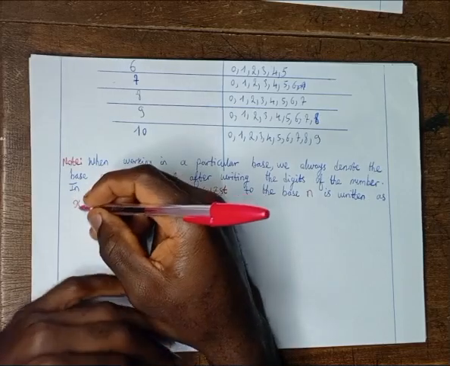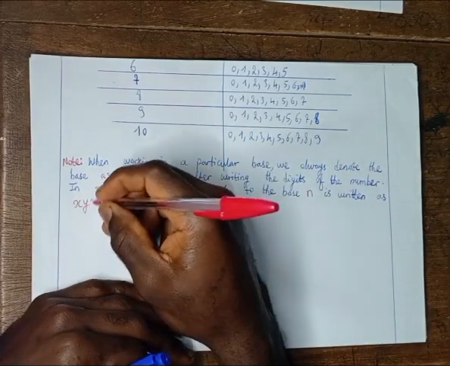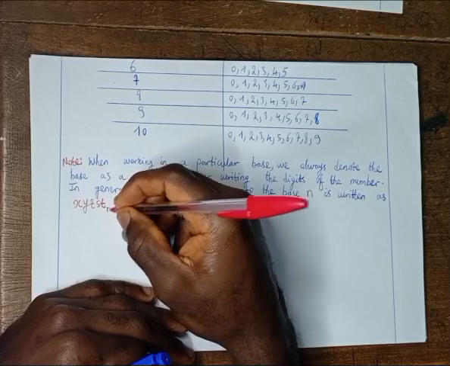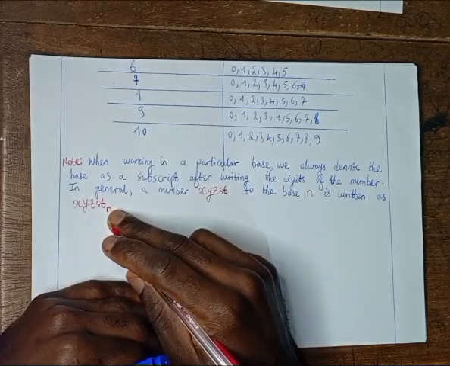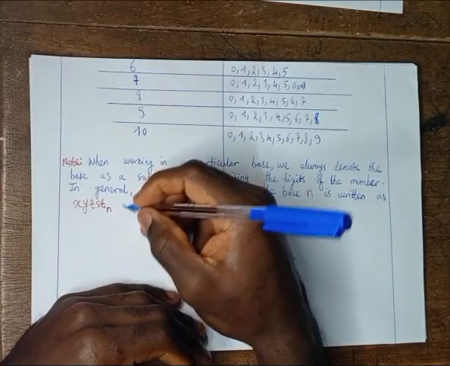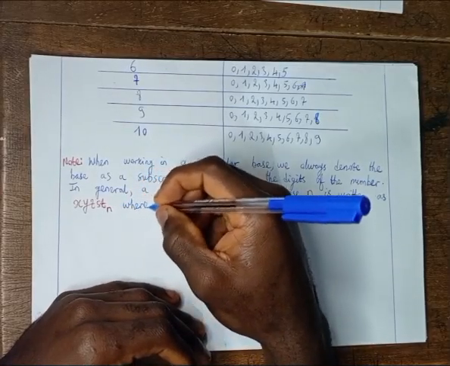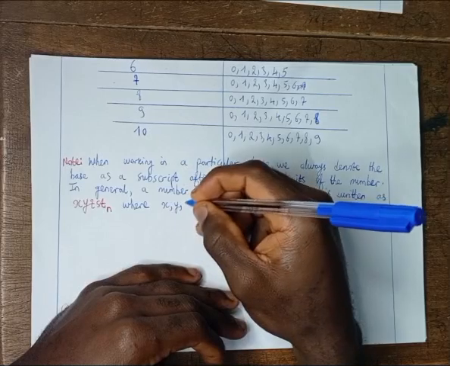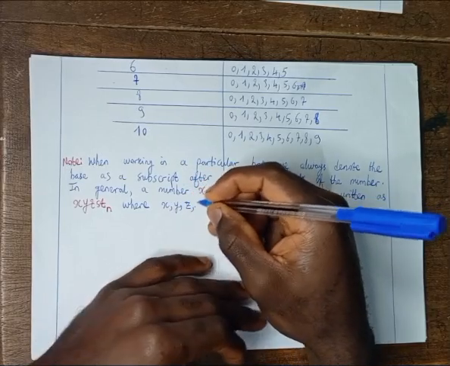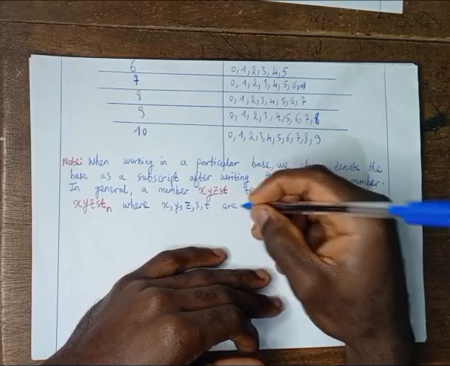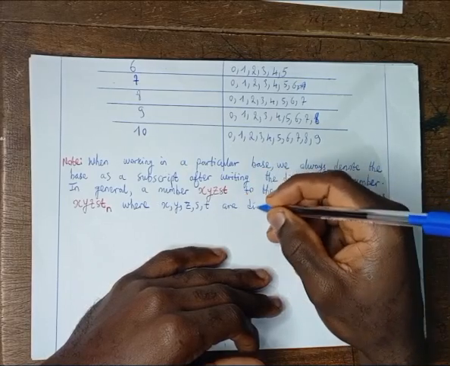We write it as x, y, z, s, t, subscript n. This n which is down here is the base, when x, y, z, s, t are digits.